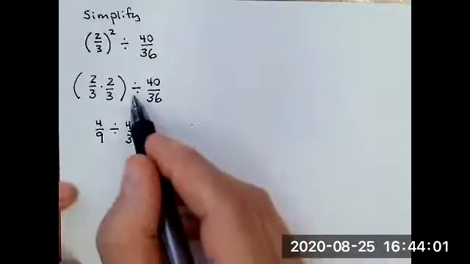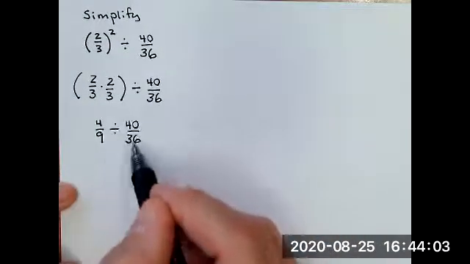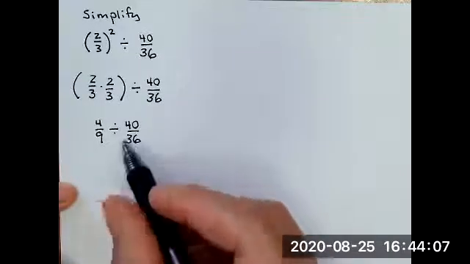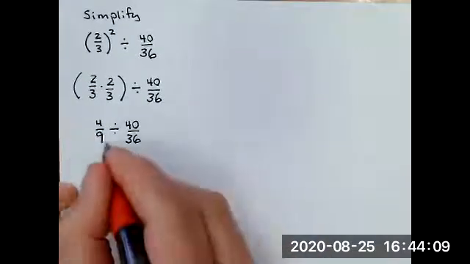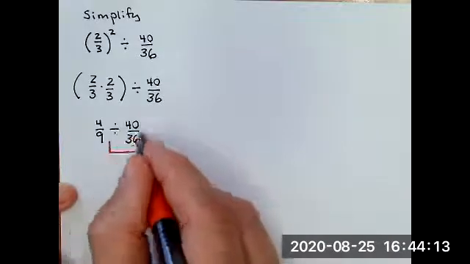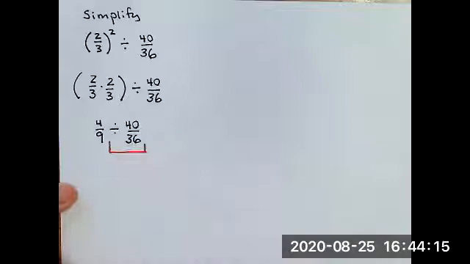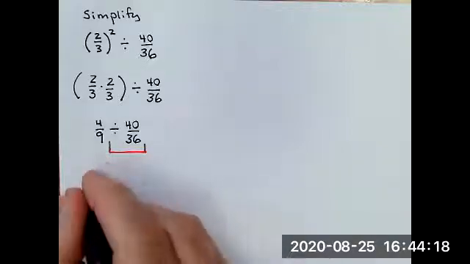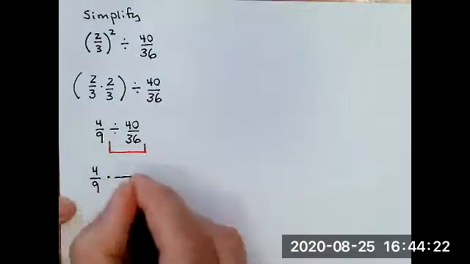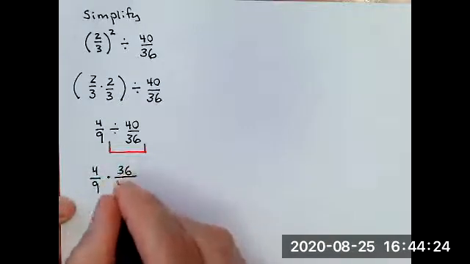All right. And then we're dividing by a fraction. So we want to rewrite that as a multiplication. Remember, the fraction that you're dividing by, that's the one that you take the reciprocal of. So we have 4/9 times 36/40.